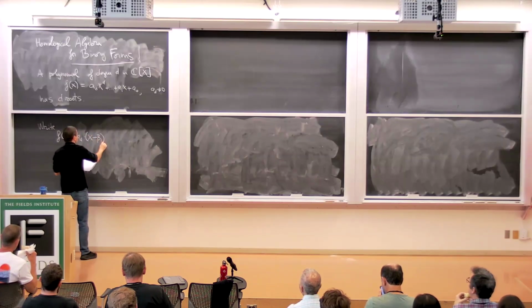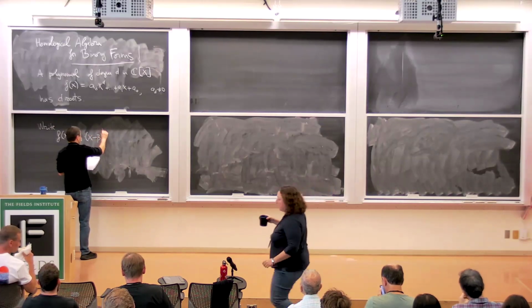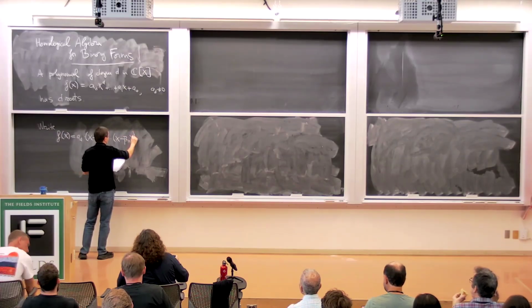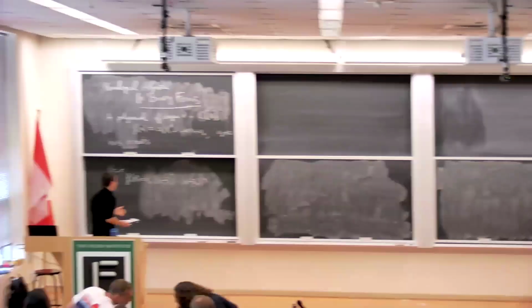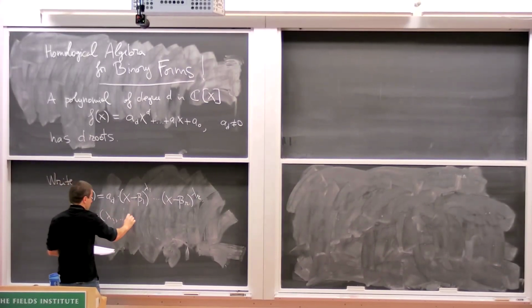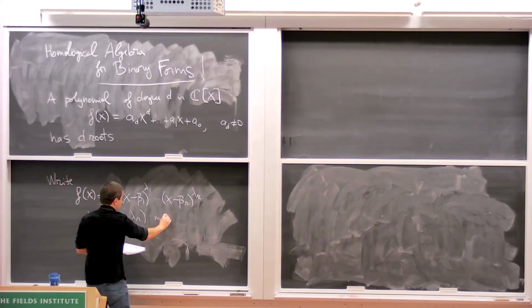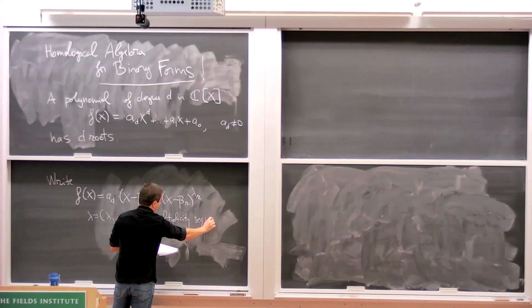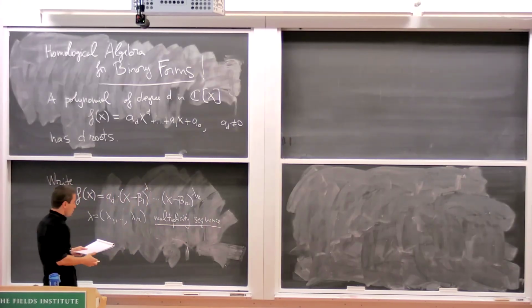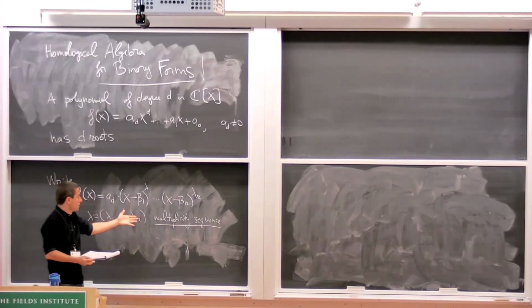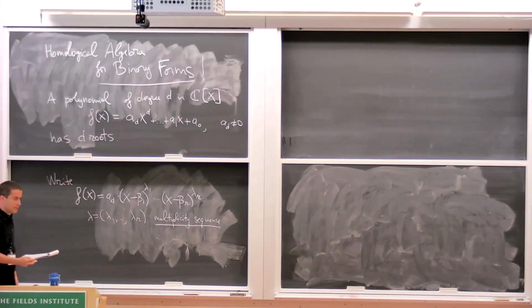So just some factor beta: x minus beta 1 with multiplicity lambda 1, ..., x minus beta r with multiplicity lambda r, and I'm going to refer to these exponents lambda 1 to lambda r as a multiplicity sequence. All right, and so it's going to be a partition of d. Without loss of generality, I can assume that this sequence is non-increasing.